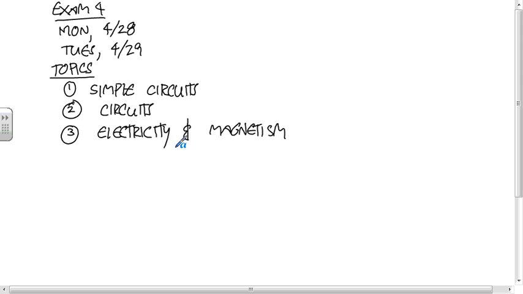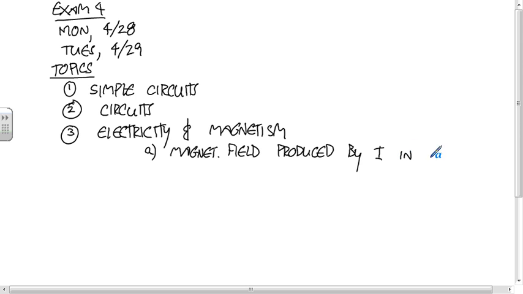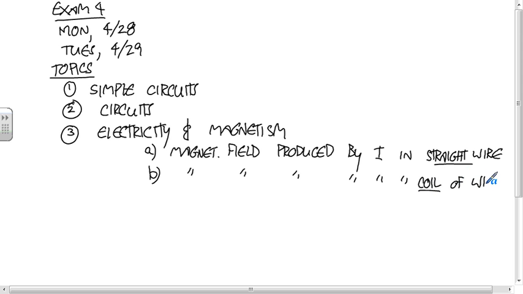So yeah, this is going to include the magnetic field that's produced by a current in a straight wire. The magnetic field produced by current in a coil of wire.